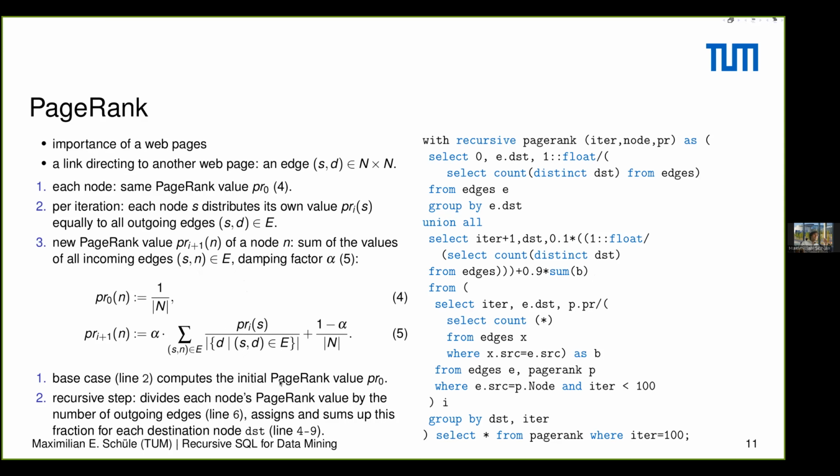The base case computes the initial PageRank, and the recursive step divides each node's PageRank value by the number of outgoing edges. And then it assigns and sums up the fraction for each destination node. So here we should see a sum, the sum B, and this is just the fraction for each destination node.